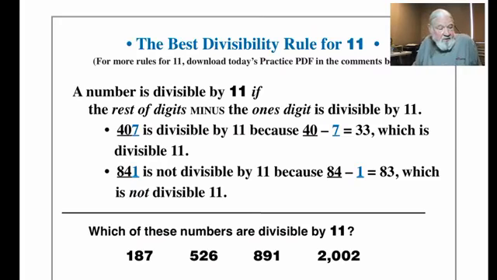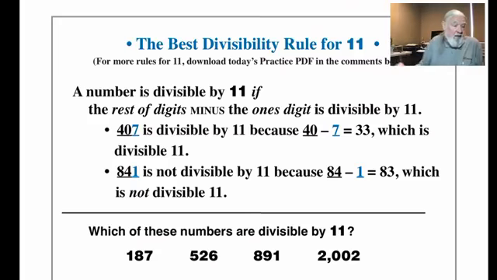So a number is divisible by 11 if the rest of the digits minus the ones digit is divisible by 11. So when you take a look at the number 407, off the top of your head, you know that's not divisible by 2, by 4, by 5, by 10. Is it divisible by 11? Well, the rule says to take the rest of the digits, that in this case would be the 40, minus the ones digit. 40 minus 7 is 33, which is divisible by 11.